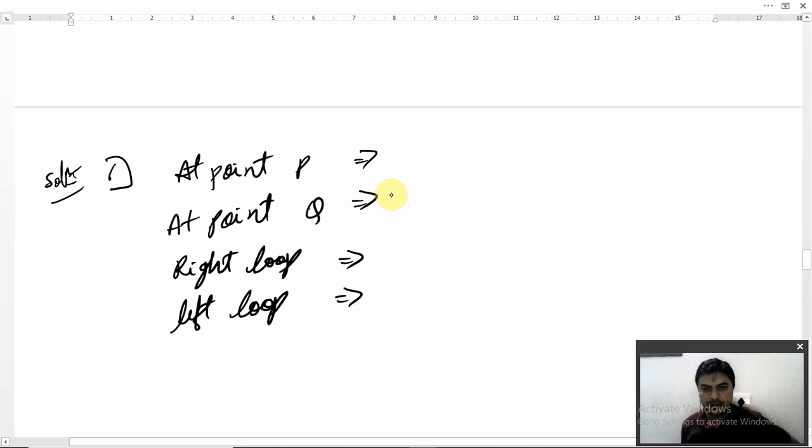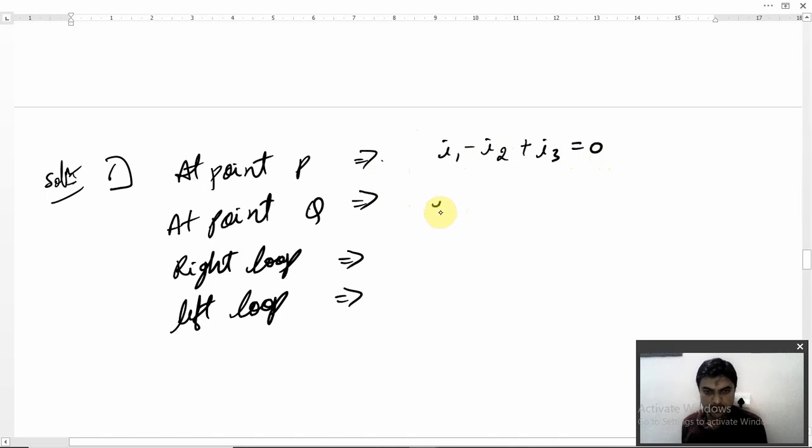Easily one can find that at point P, I1 is positive and minus I2 plus I3 is equal to 0, and at point Q we can see how many directions towards Q it is coming.